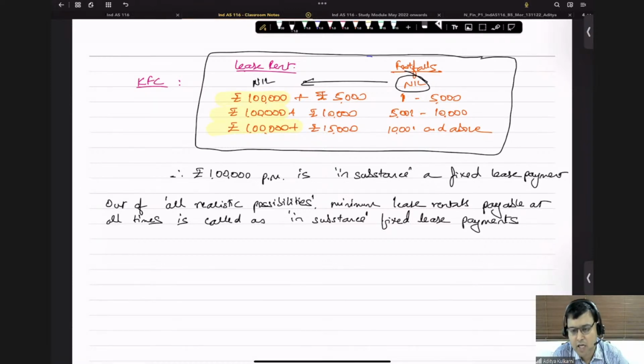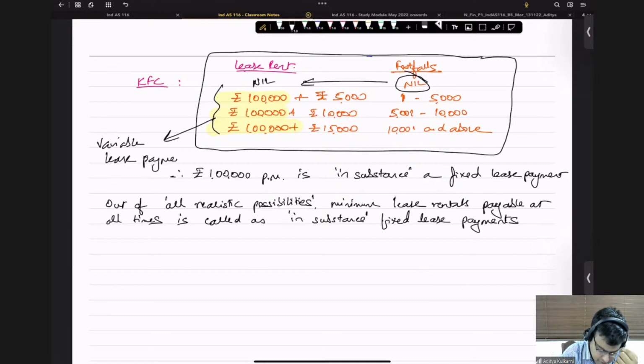Okay. So therefore, this will be a realistic outcome. No fixed lease payments. Acha, if there are no fixed lease payments, all of them are variable lease payments. And because they are variable lease payments, we will then have to check what it is dependent on.